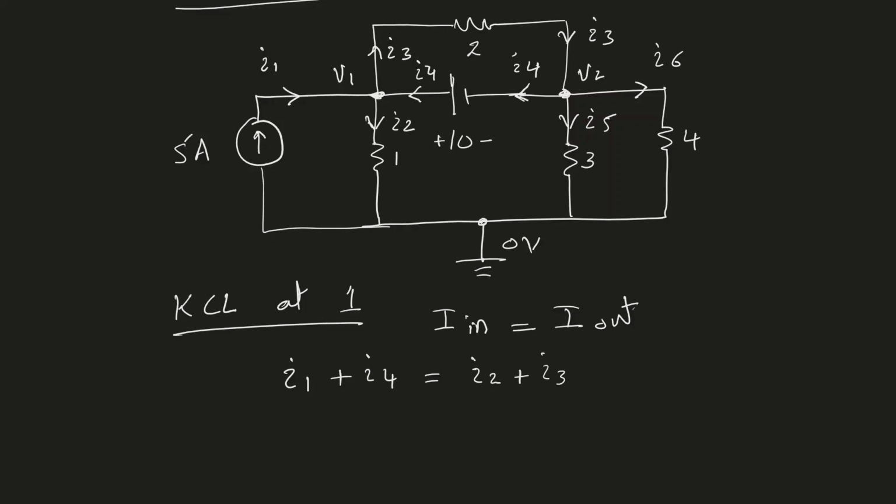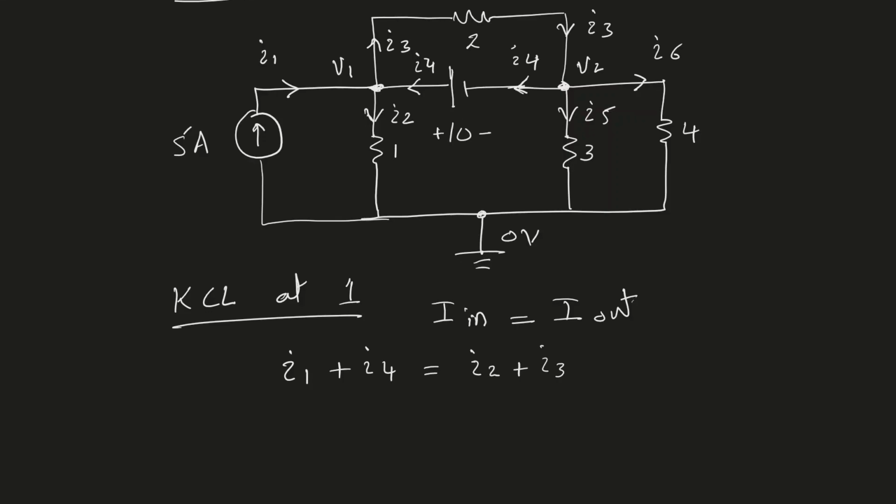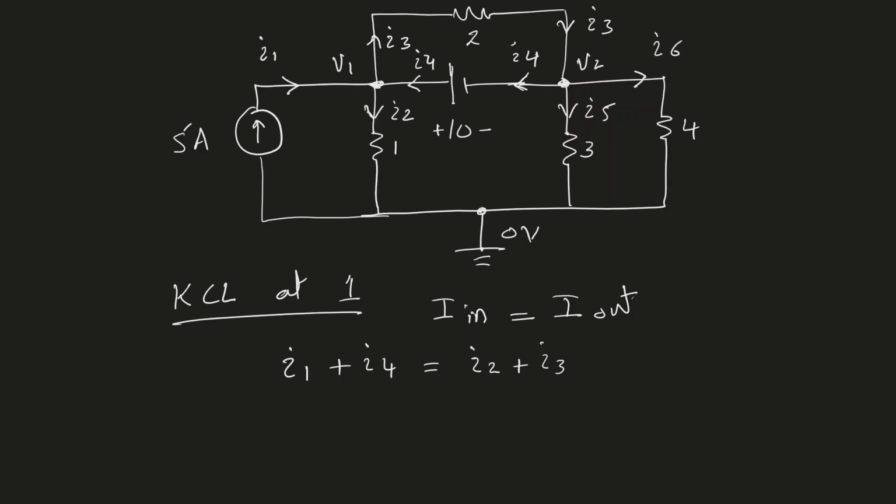Now we want to write these currents in terms of node voltages. If we look at the circuit, we can see that I1 is 5 ampere. So I1 is equal to 5 ampere, which is fixed by the constant current source. I2, on the other hand, is equal to the high voltage minus low voltage divided by the resistance, right?